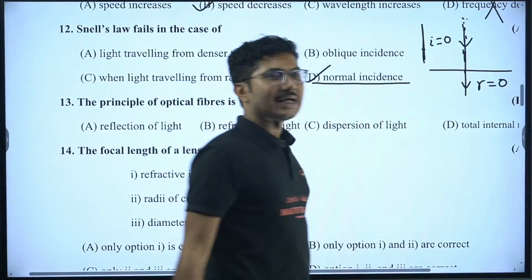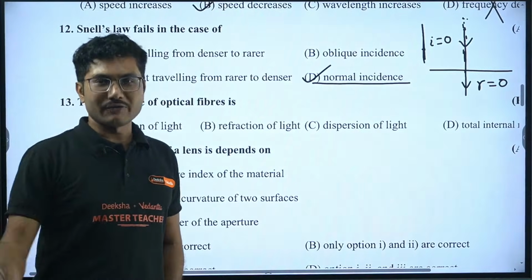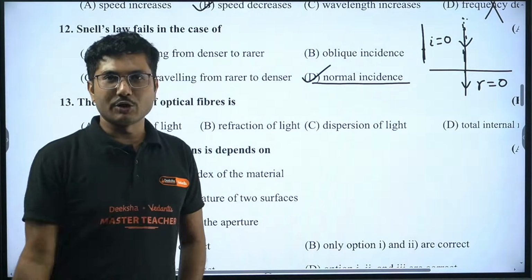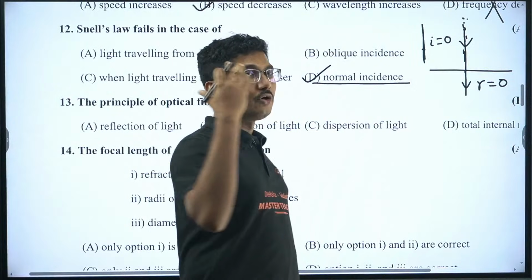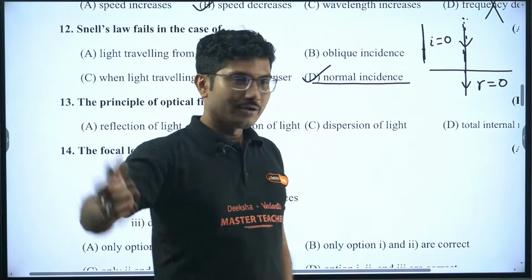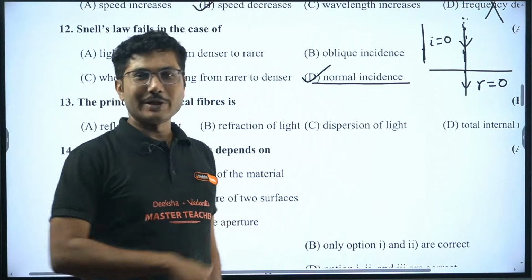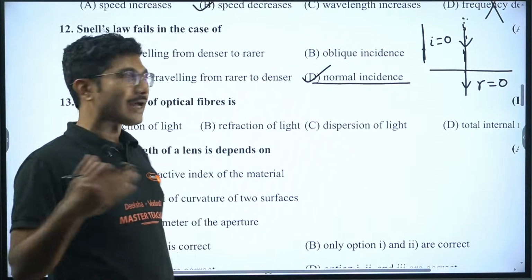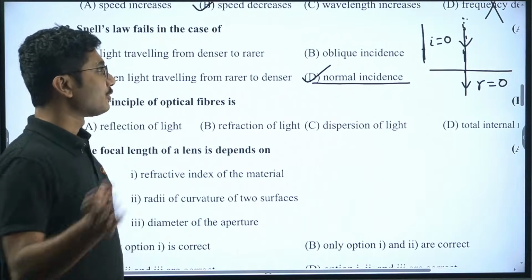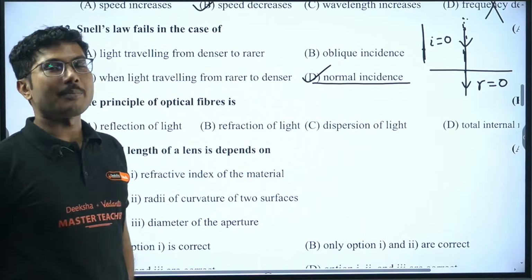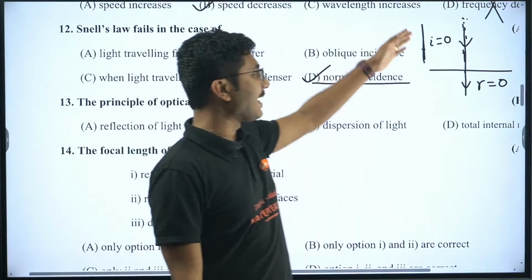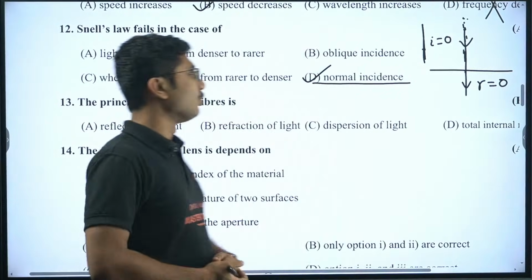So sin I by sin R is constant, that is no longer valid because it is a 0 by 0 condition. Okay, so L'Hospital rule, we used to say L'Hospital rule you have to apply, but it is not a limit. So L'Hospital rule cannot be applied. So this is a particular case where you cannot apply Snell's law because I and R both are 0.